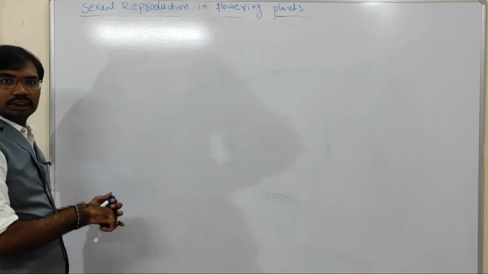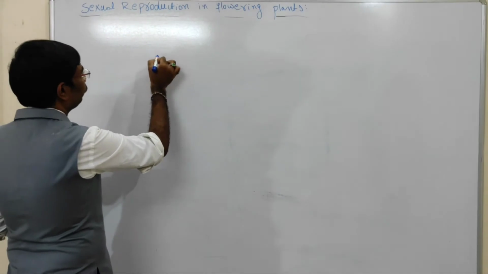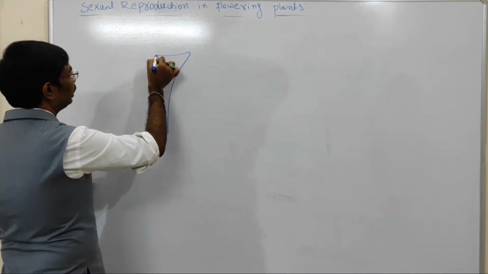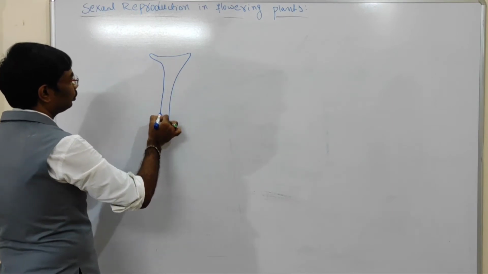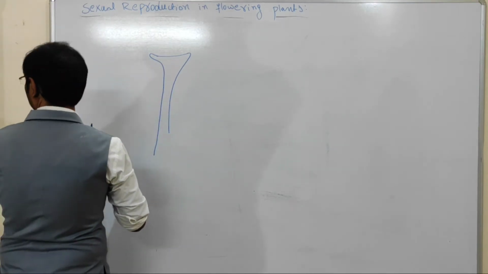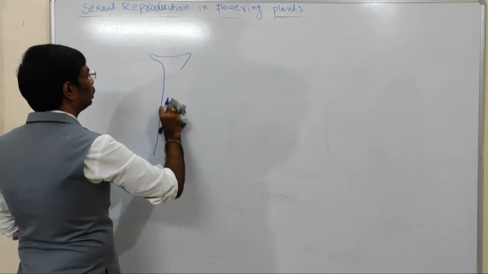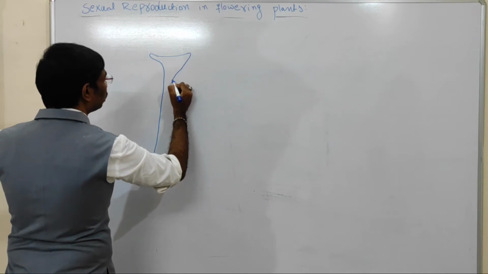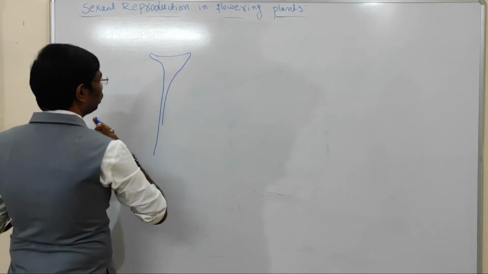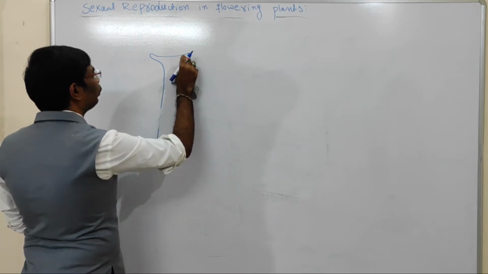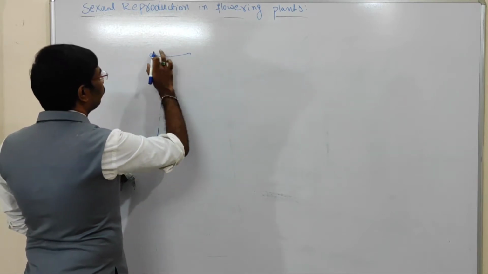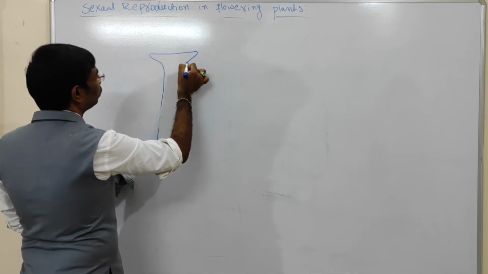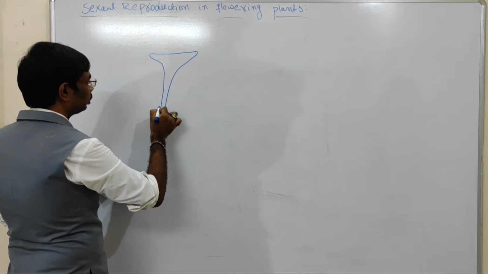In the female reproductive structure, there is a landing platform, this flat structure present at the top of the carpel.